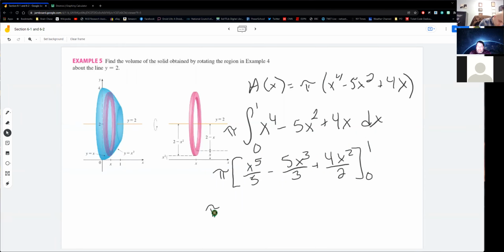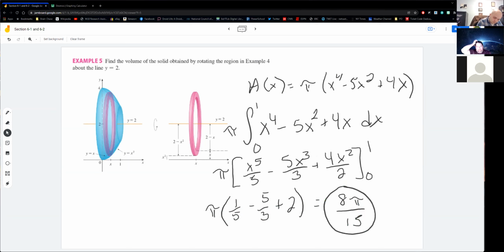So we've got pi times 1/5 minus 5/3 plus 2. So it ends up equaling 8 pi over 15. And out of this entire problem, that was all the calculus.